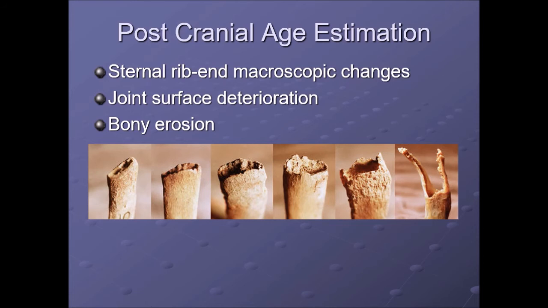So what we will start to see is these nice clean rib ends start to build up these ridges around the outside, very similar to what we saw in the pubic symphysis. And these rib ends get longer and more jagged, and they get a little bit eroded, and in some cases very long.